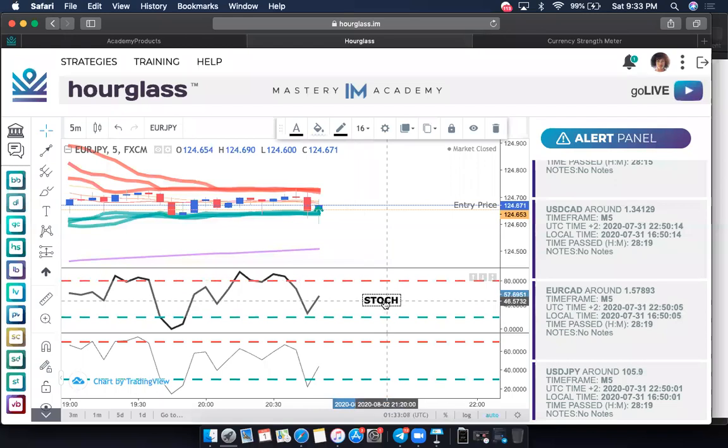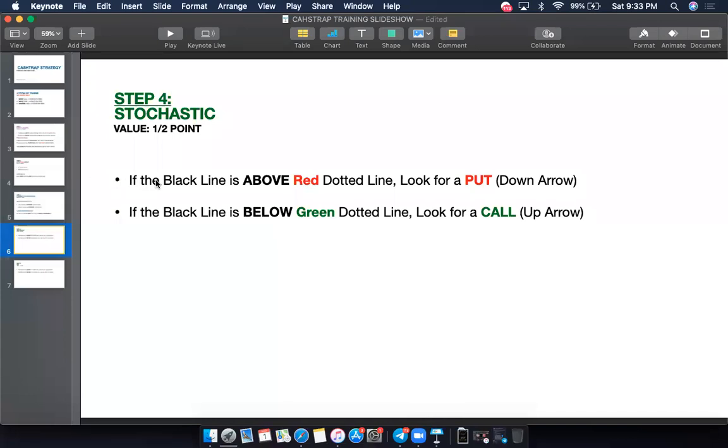This is very simple. If the black line is above the red dotted line, look for a put or look for down arrows. If the black line is below the green dotted line, look for a call or look for an up arrow. The value of the stochastic is 0.5 point.